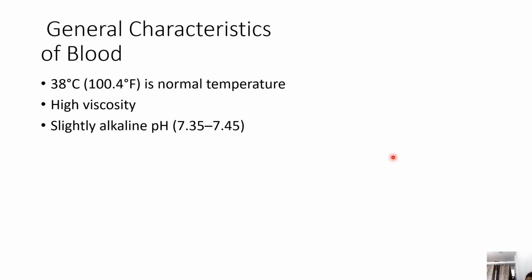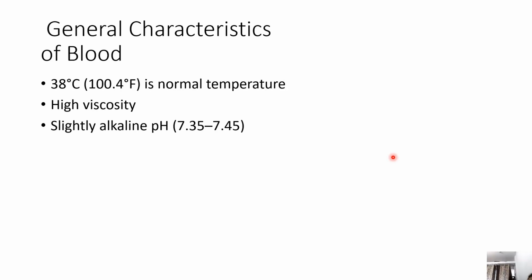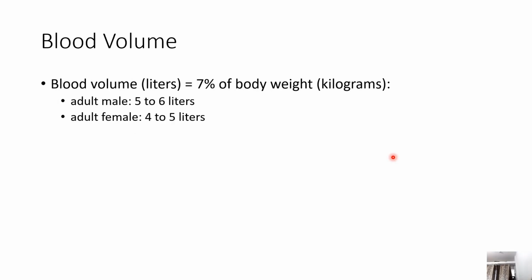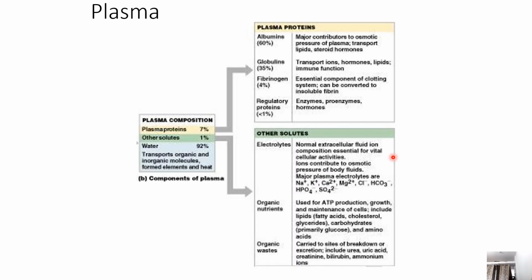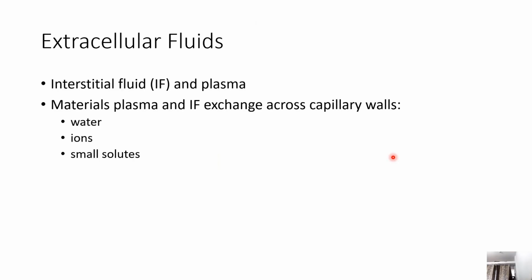Now, what are the general characteristics? This is the normal temperature or the physiological temperature of blood. It has high viscosity and a slightly alkaline pH. Now, we will not go into too much detail.